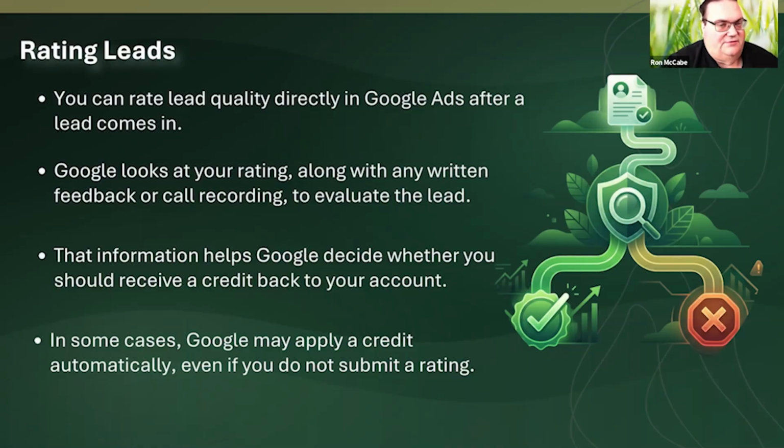It doesn't show up on the current month's bill, it shows up on the next month's, but they will often give you a credit. And essentially, the faster you're giving those ratings, that's a ranking or bidding factor, and you will get more leads if you rate leads more often. We actually recommend that you do it daily if you can.